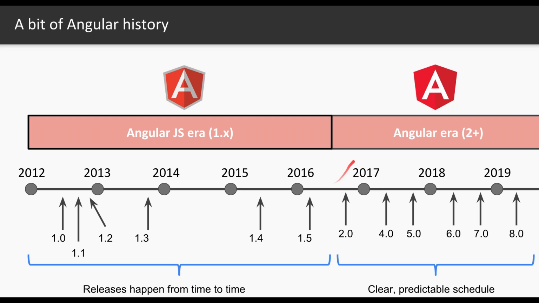That was not very convenient, but the Angular team learned from that. In the new era of Angular 2+, just known as Angular, since the second half of 2016, the Angular team decided to have a very predictable schedule. The way they do it is that there is now a new major version every 6 months. Angular 2 was released mid-2016, and then 6 months later we got Angular 4.